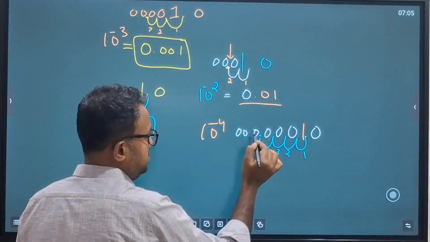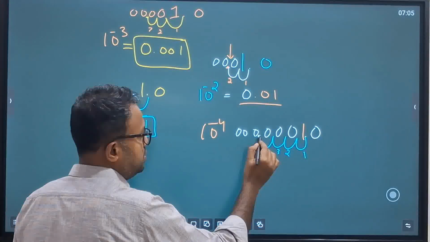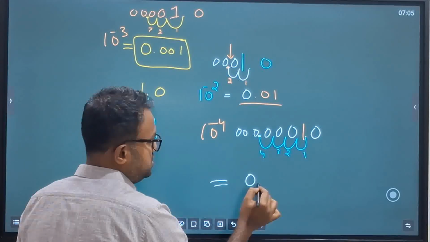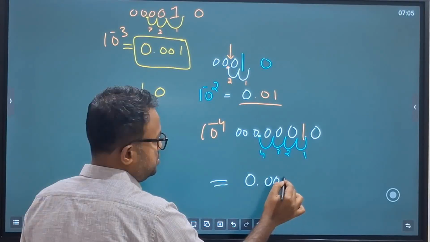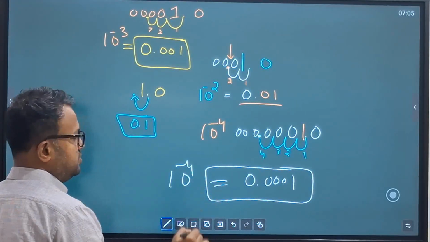Now the point is here. So the number becomes 0.0001: 3 zeros after the point, then 1. That is 10 power minus 4.